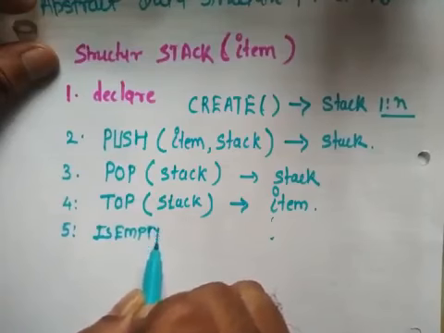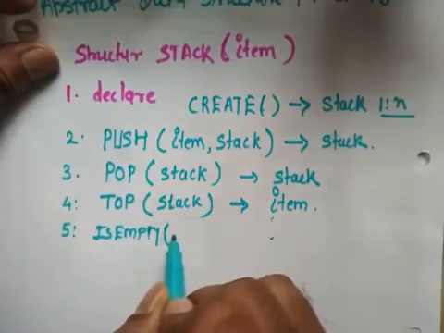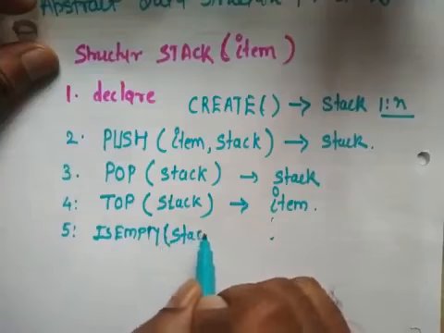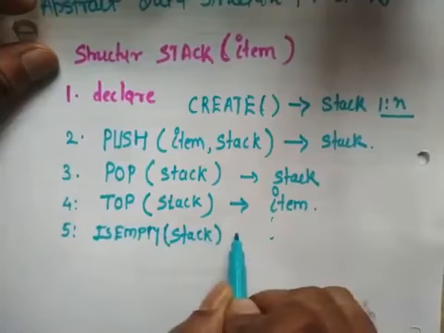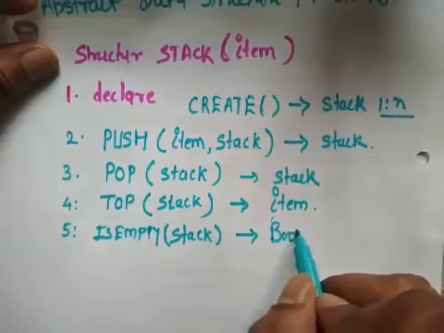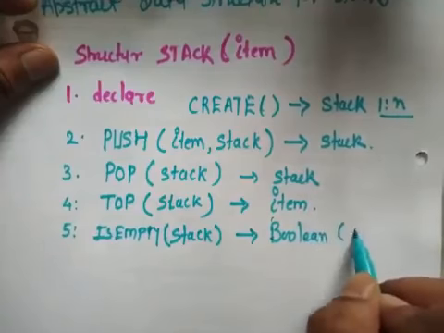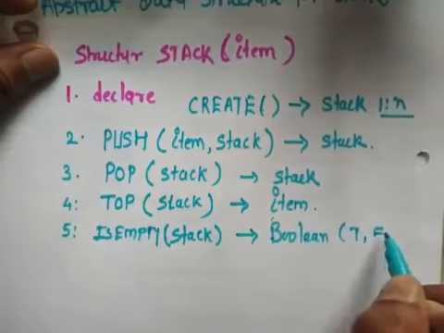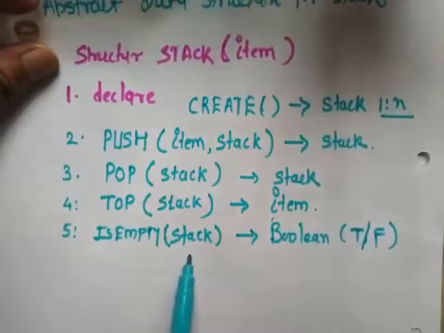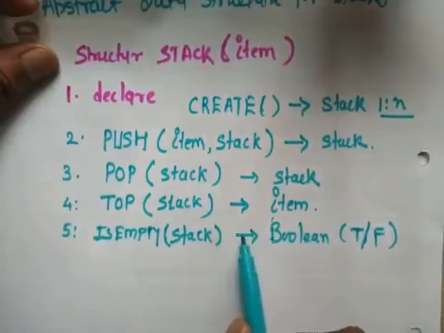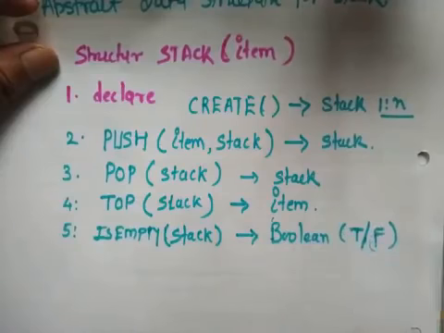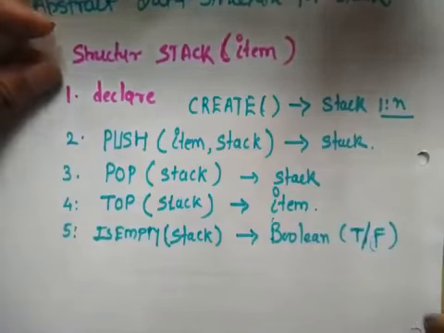Again this operation or function takes a stack as input and returns a boolean value, true or false. The isEmpty function takes a stack as an input, and if the stack is empty it will return true, otherwise it will return false.